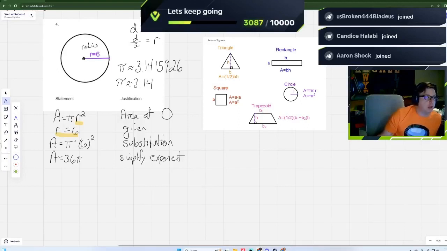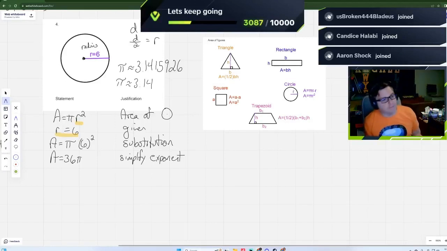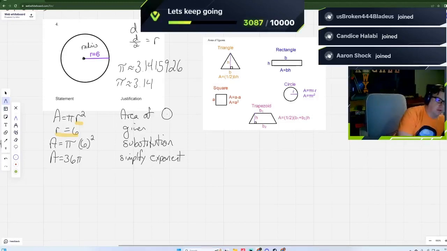Like, we don't say I'm running the 36 pi meter relay. That's not how it's said. It's the 100-meter relay. So when I get an answer like this, I really need an approximated answer as well. So what I'm going to do is take this 36 times 3.14 because I want an approximated answer.